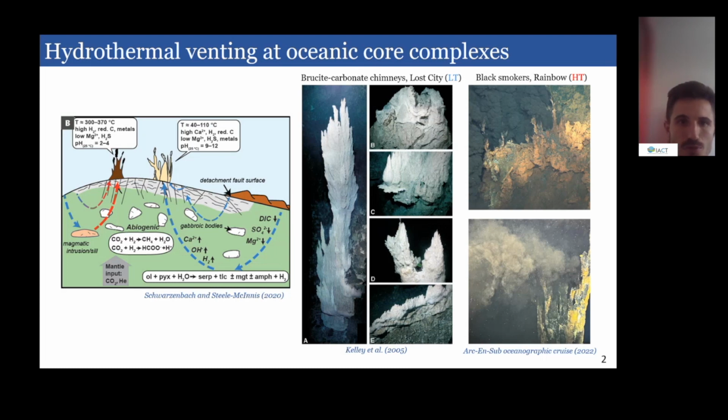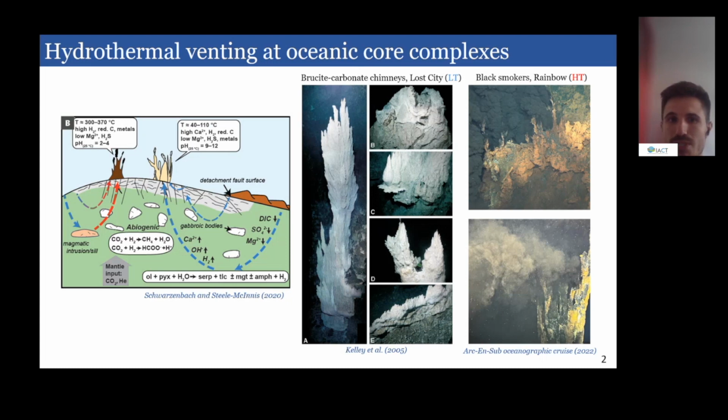Lost City hydrothermal field. And on the other end, when you have seawater that percolates through the rocks and gets heated at depth, thanks to the cooling of magmatic intrusions, these fluids may be very hot, acidic, reduced, and rich in metals.